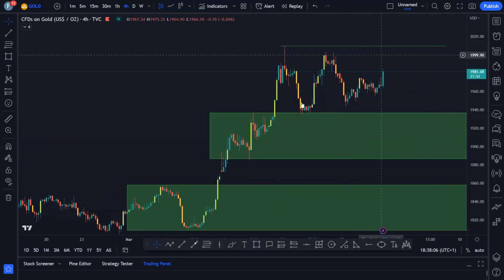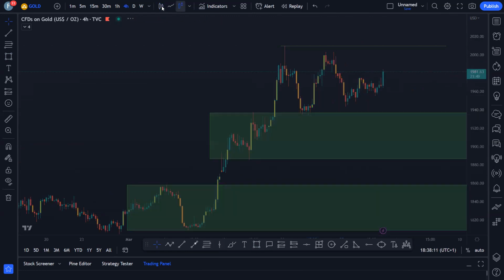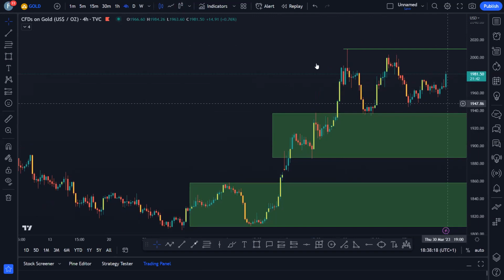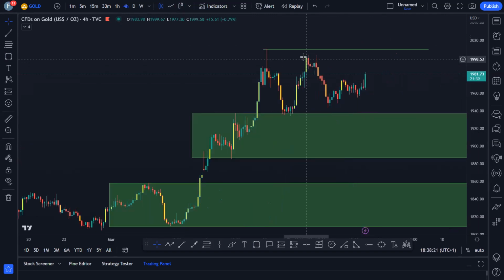Ultimately on the 4-hour time frame, price is still very, very bullish. Price came very close to this high, but price did not break this high. Okay, so that means possibly price wants to make its way down here.